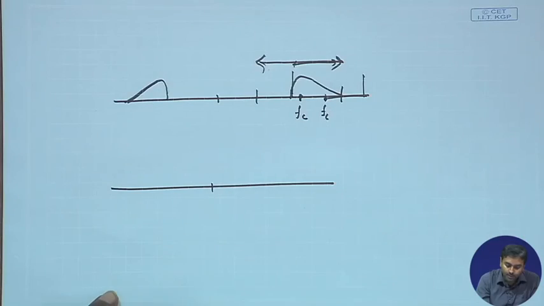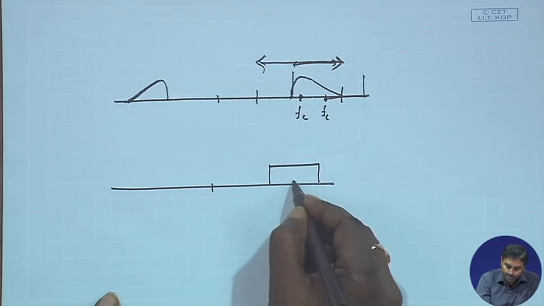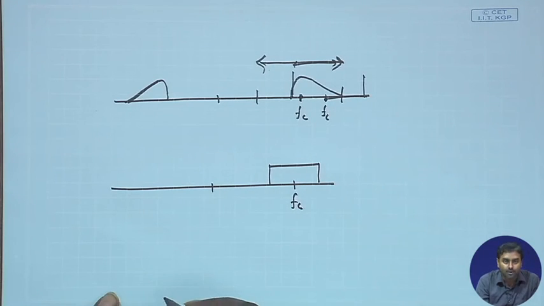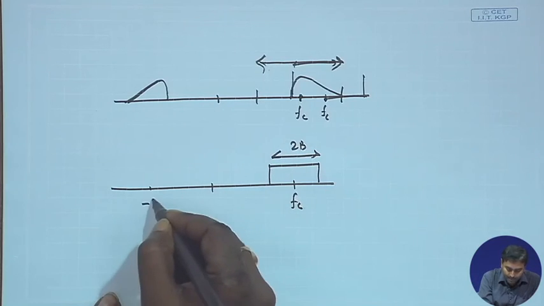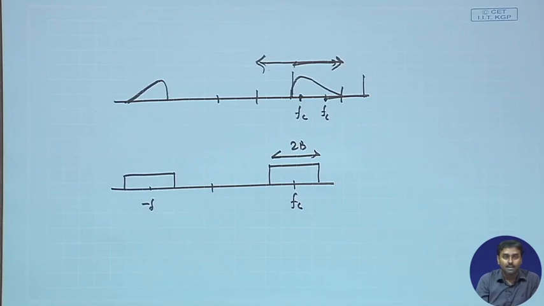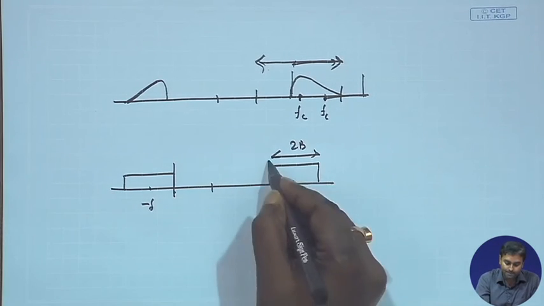I can give you a very simple example, the one we are doing, that band pass noise. This was my FC by default and this was 2B, right, and this was minus FC. Now, suppose I do not do that, I define an FC over here.